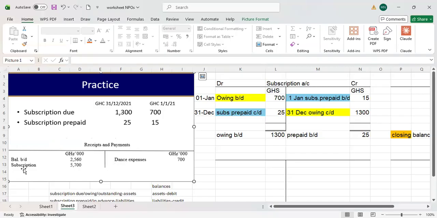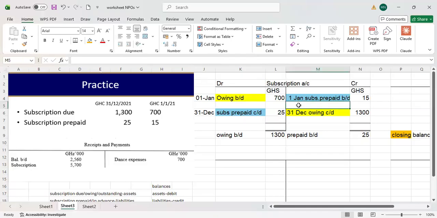So subscription received 57 is debited to the receipts and payments account. We go to the credit side, we write cash received, and the amount is 57.